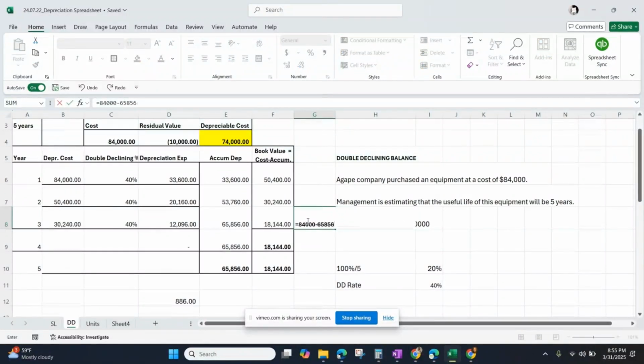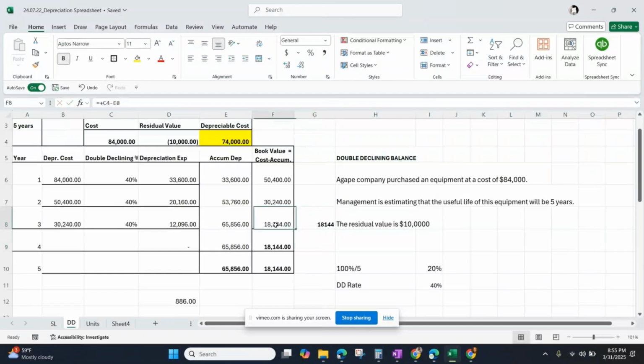Now, this $18,144 becomes the book value, the depreciable cost for the fourth year, multiplied by 40%. Then we get $7,257.60, which is $18,144 multiplied by 40%.